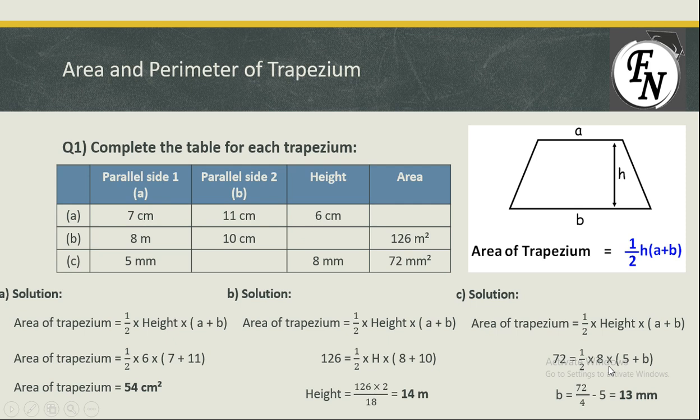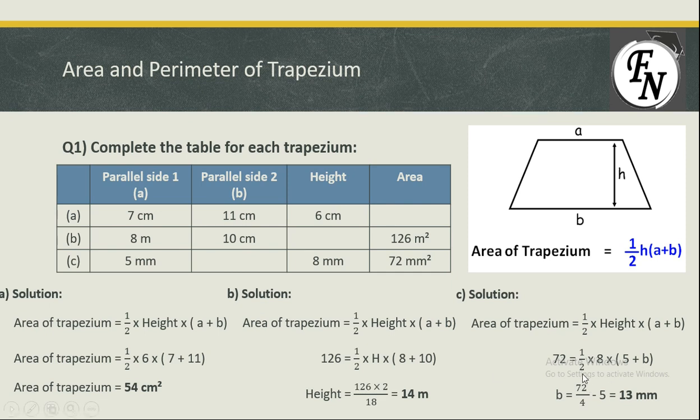So first of all, I need to solve this multiplication part, and then I can open up this bracket so that 5 can be subtracted and B can be calculated. So what should I do in order to do that?